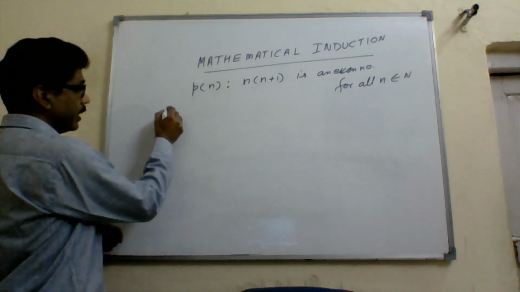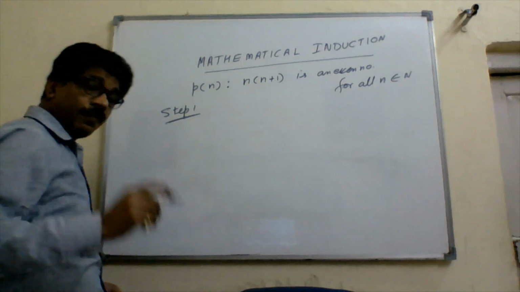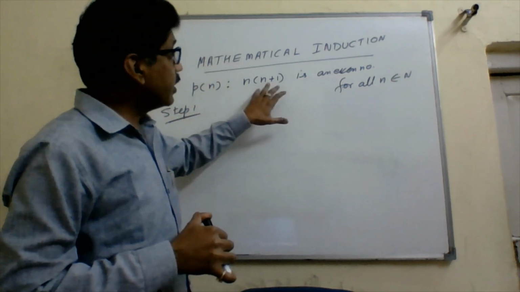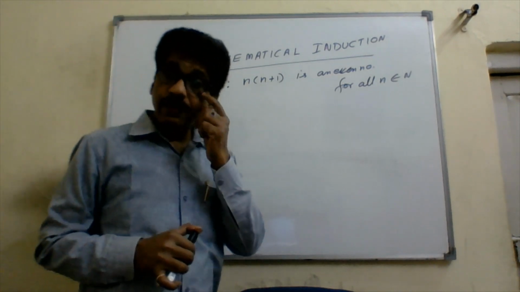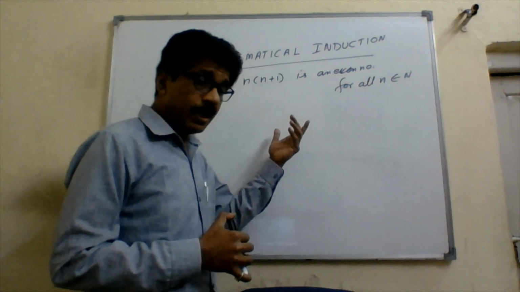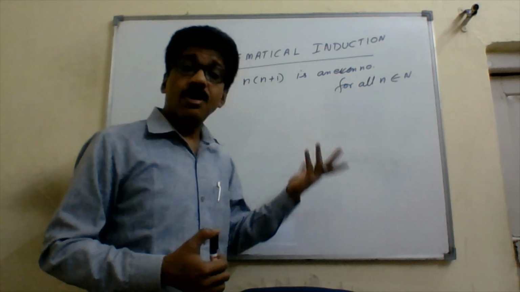Step 1. First of all, we will check whether this statement gives an even number for some natural number. By putting in a natural number, first we have to check whether we are getting an even number or not.